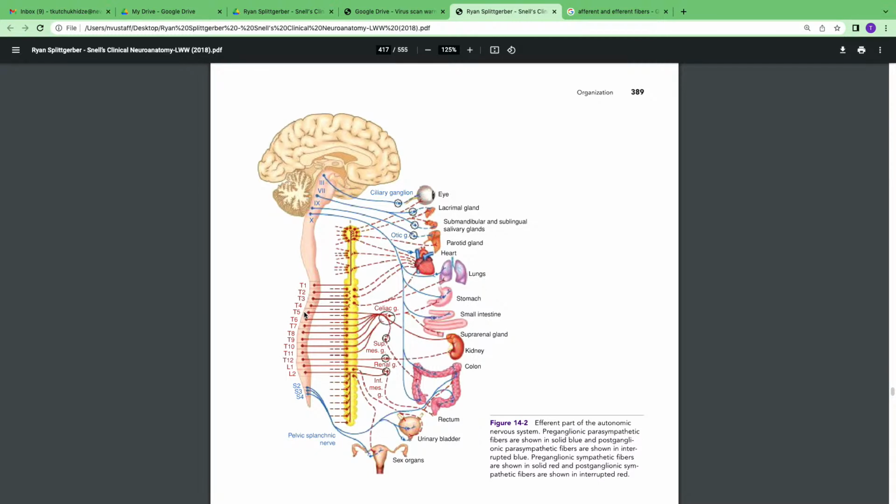And they are called the efferent fibers. And mostly the lateral gray columns of our spinal cord from T1 to L3 segment. Here it is mentioned L2, but normally it will be L3 segment.